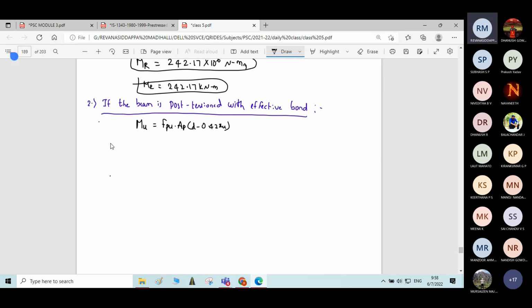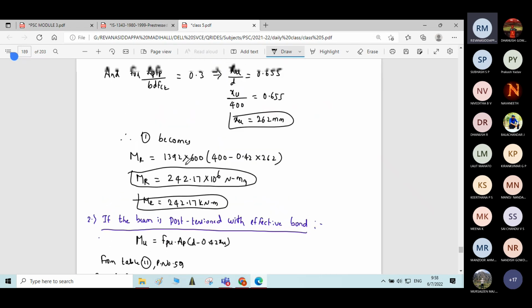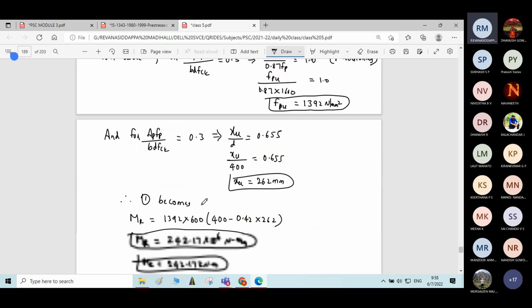So from table 11, page number 59, for AP FP by BD FCK, it is the same 0.3. We already calculated this ratio, 0.3.